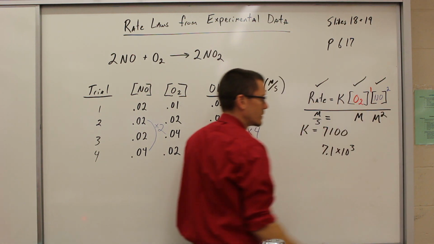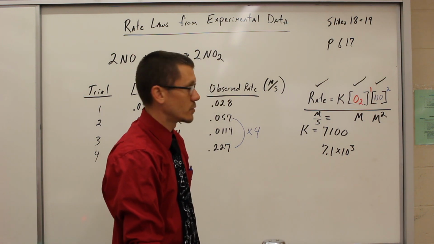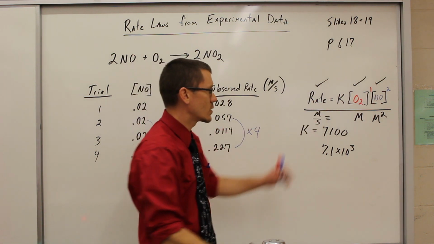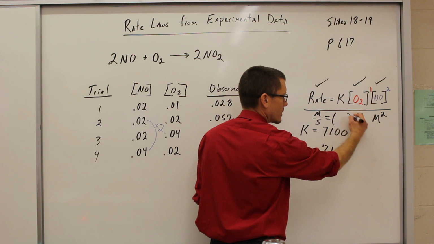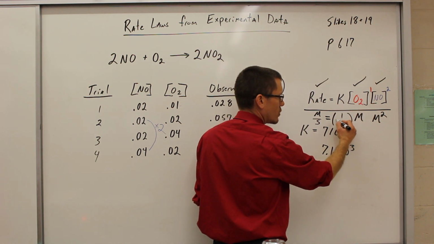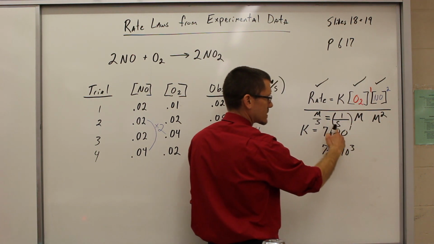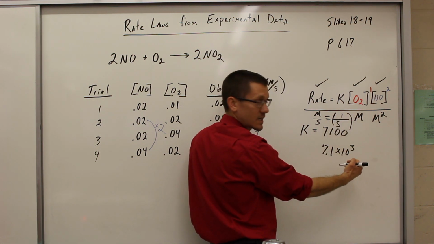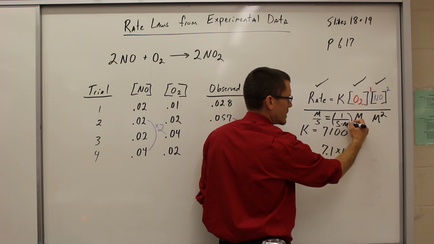And this one is squared. So to make both sides of our equation equal, our K must have units of 1 over seconds, we have to get two of these to cancel, times molarity squared.